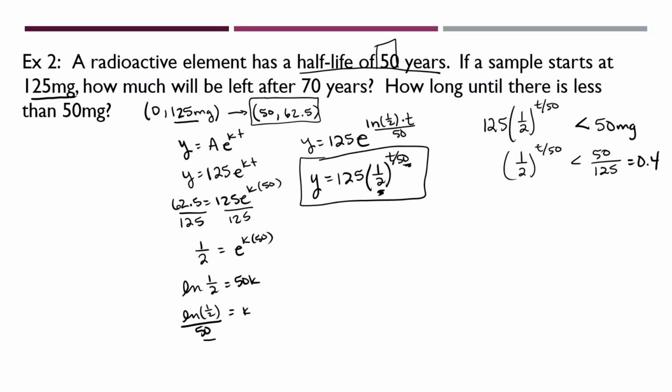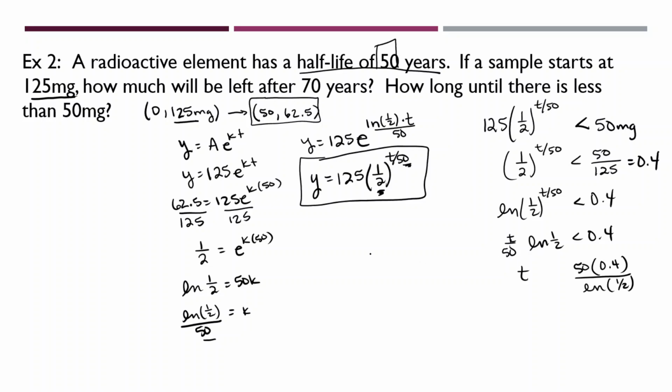And then I can undo the exponential by taking the natural log. Okay, that means the exponent will come out to the front. And so I can multiply by the 50 and divide by the natural log of a half.